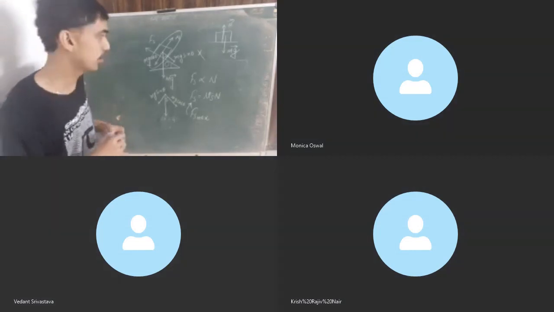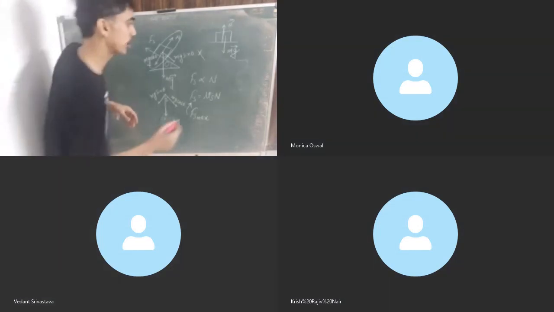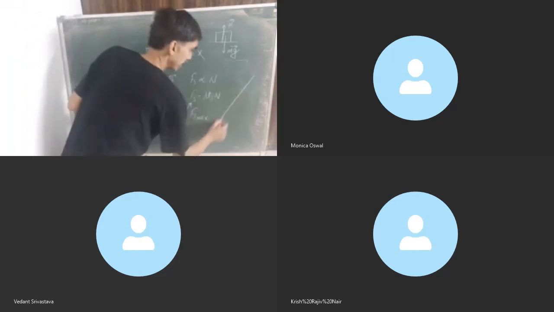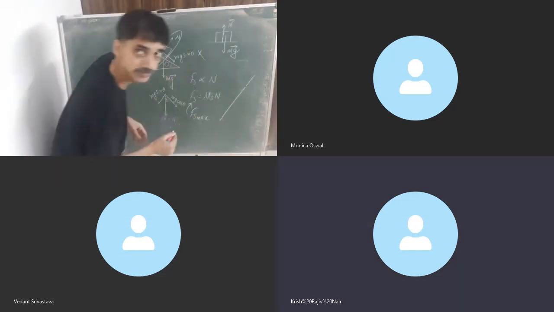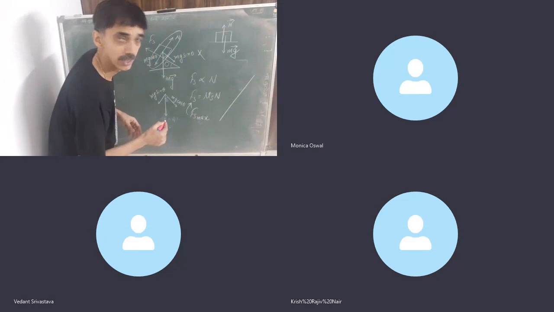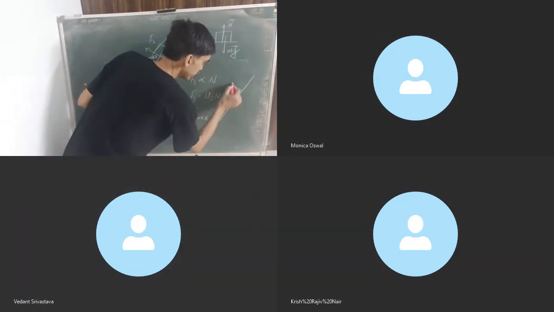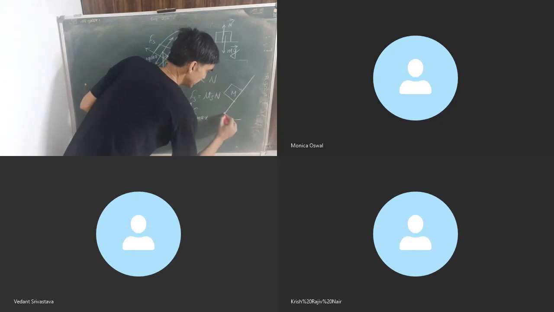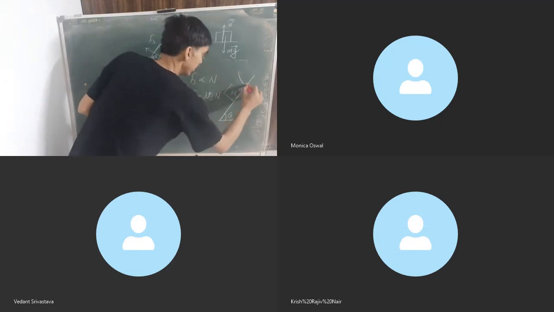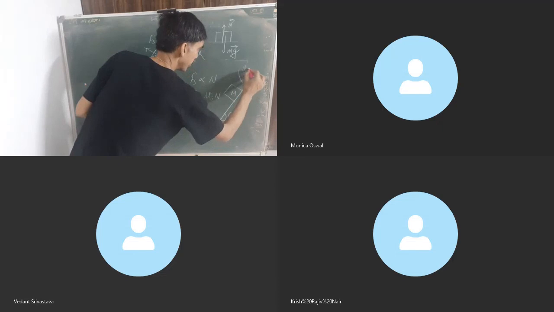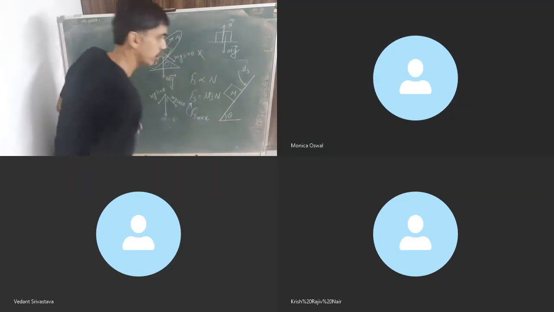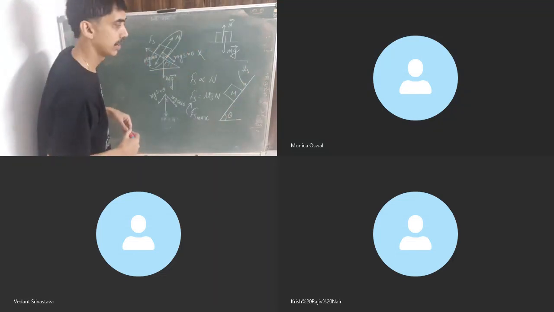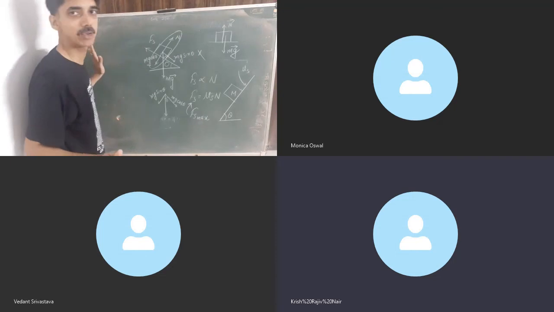And to culminate this class with one question, this is the inclined plane, visible? And this is the block. This is mass m, this angle theta, coefficient of static friction between block and inclined plane is μs.